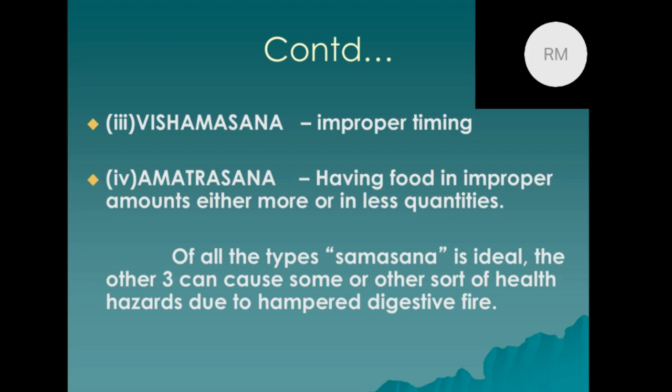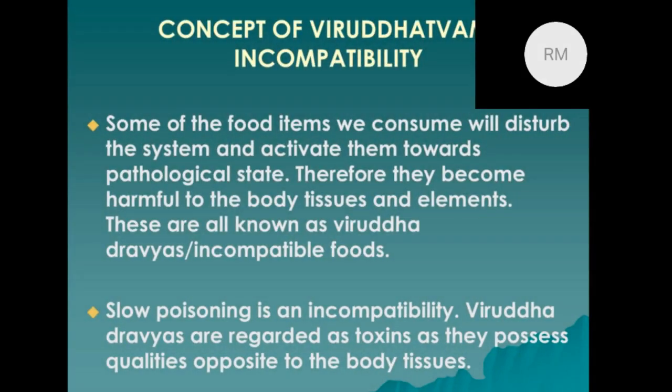So now there's a very important concept in Ayurveda, that is the concept of incompatible food. In modern medicine or modern nutrition, the focus is almost entirely on nutritional properties of the substances. It's not that the other factors are not emphasized, but there's an overemphasis on the nutritional properties.